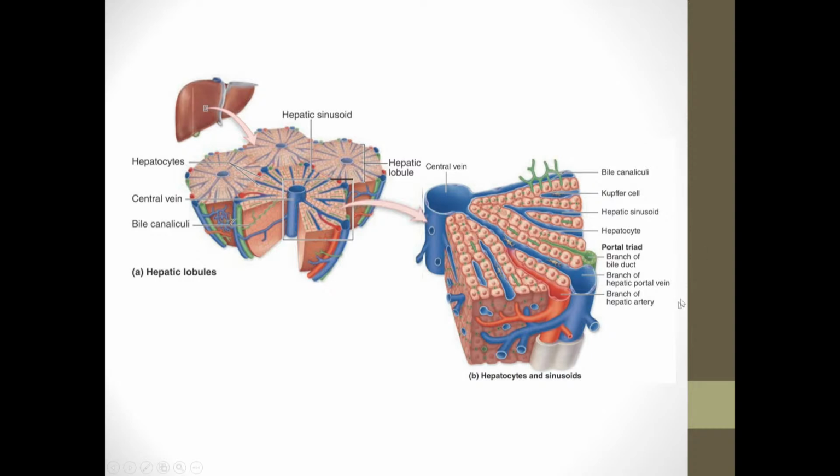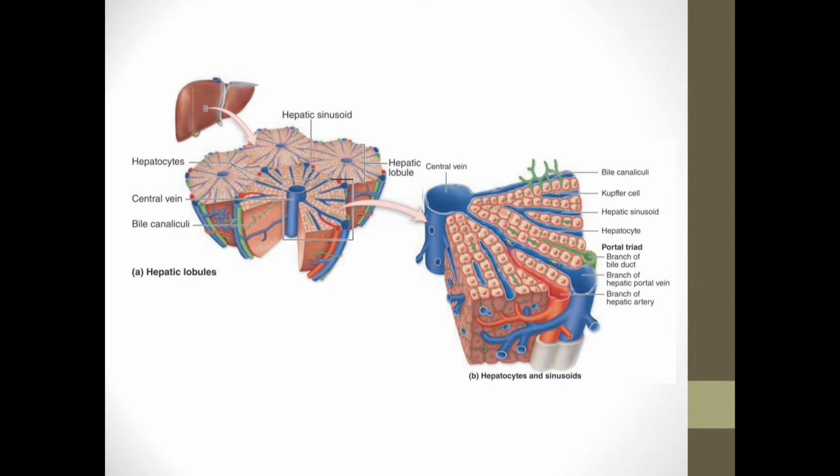And what is at the periphery here? At the periphery are portal triads. 3, 4, 5 such portal triads. Triad means 3 different components. What are these components?